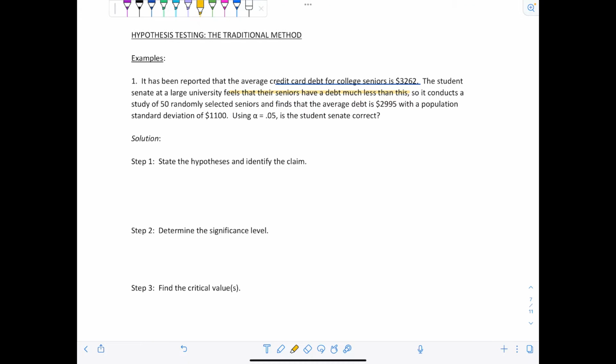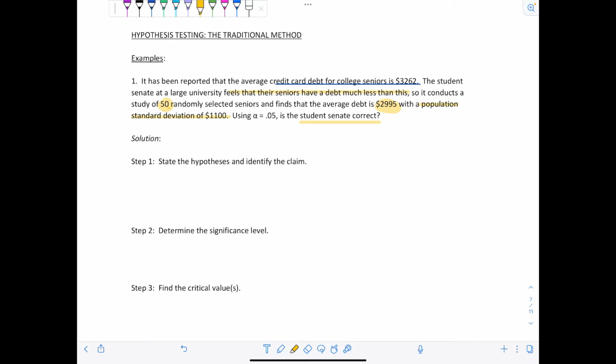So it conducts a study of 50 randomly selected seniors and finds that the average debt is $2,995, with a population standard deviation of $1,100. Using alpha equals 0.05, is the Student Senate correct?